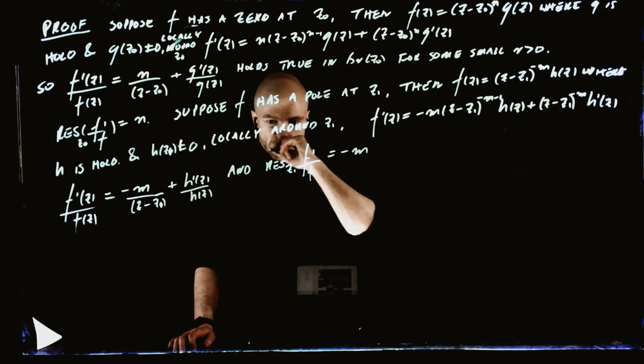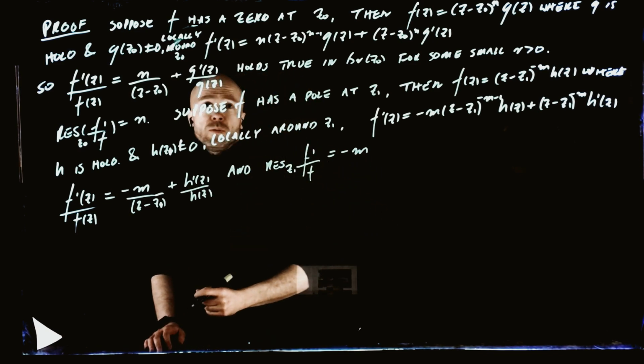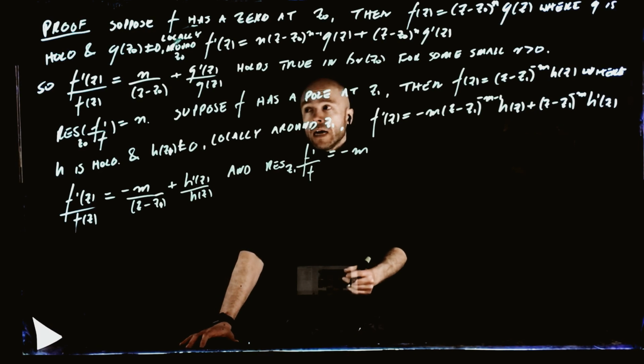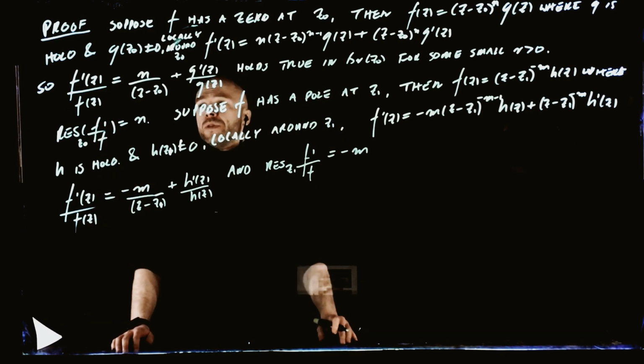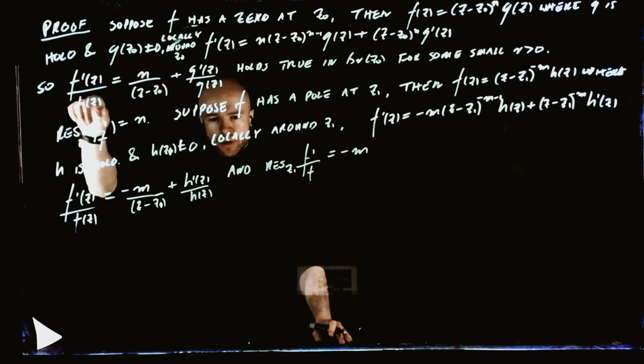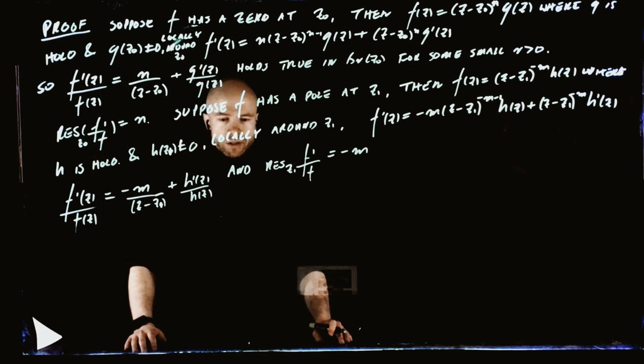Cool. So the only place we have anything happening with this expression here will be when we have either poles or zeros. Outside of poles or zeros, this thing will be perfectly nice, analytic. There'll be no problems or issues with it, just because by the quotient rule, if we're not near a pole or a zero, then we're differentiable and everything's good.